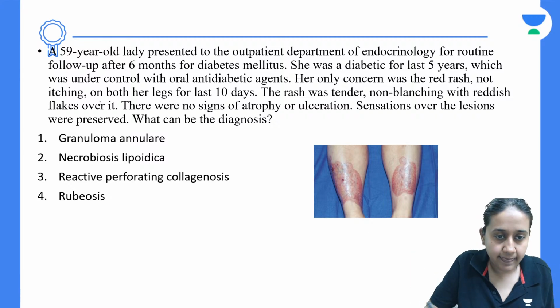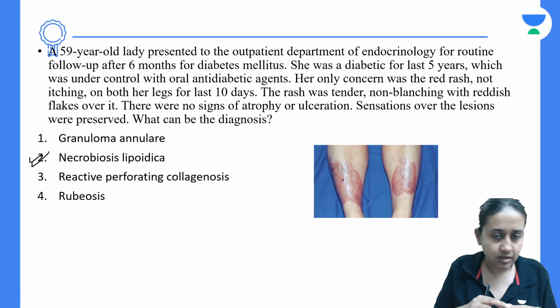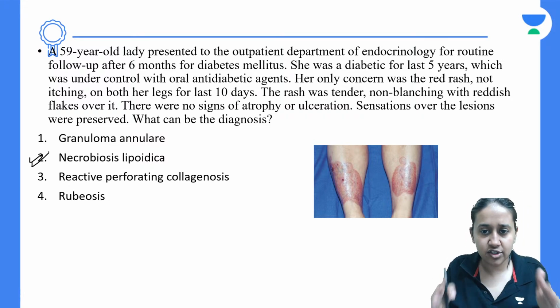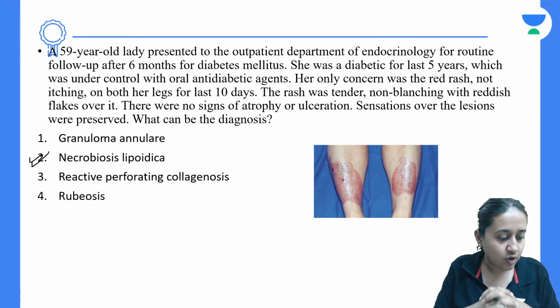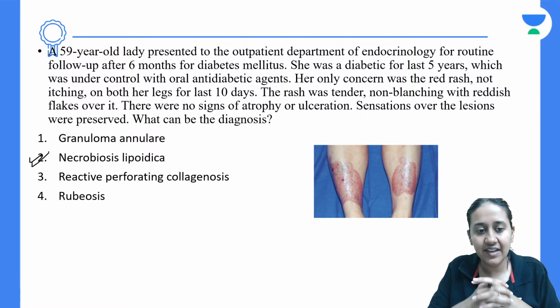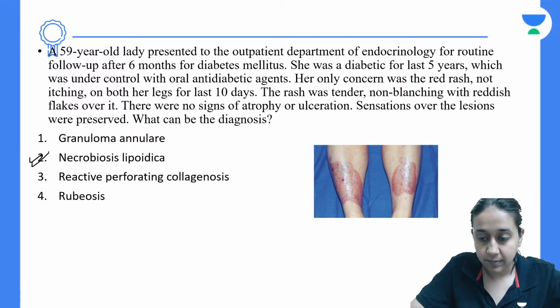Very nice, all of you. The answer is necrobiosis lipoidica. If you were present in my morning session, we have discussed this question a little bit. Because of extravasation of RBCs, the red blood cells get deposited in the skin, causing damage to the skin, giving rise to these necrotic lesions on the anterior part of the lower limbs.